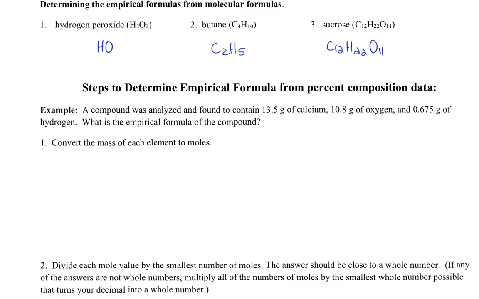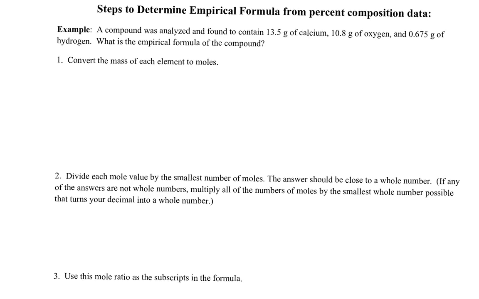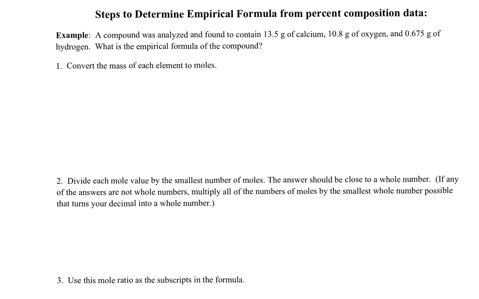So here, this problem says, a compound was analyzed by using mass spec and found to contain 13.5 grams of calcium, 10.8 grams of oxygen, and 0.675 grams of hydrogen. What is the empirical formula of the compound? There are 3 steps to finding the empirical formula, and we're going to go through each of them here.